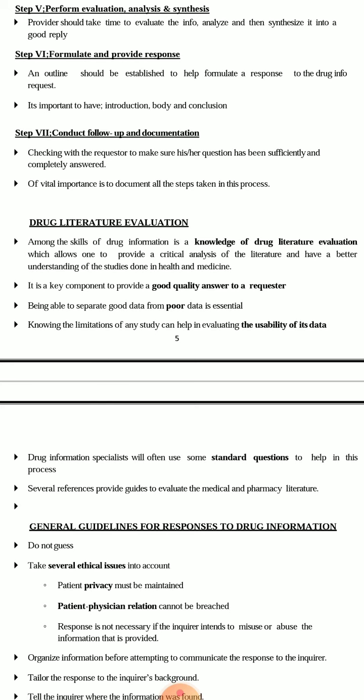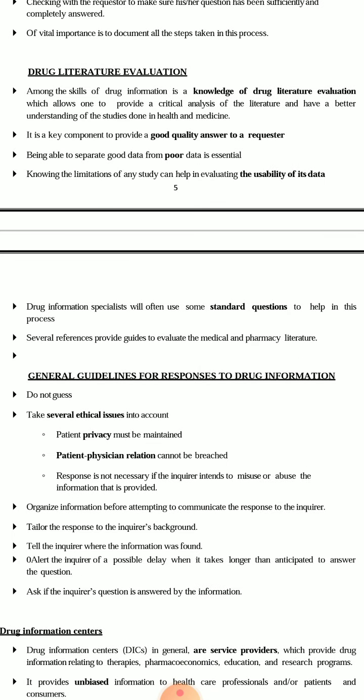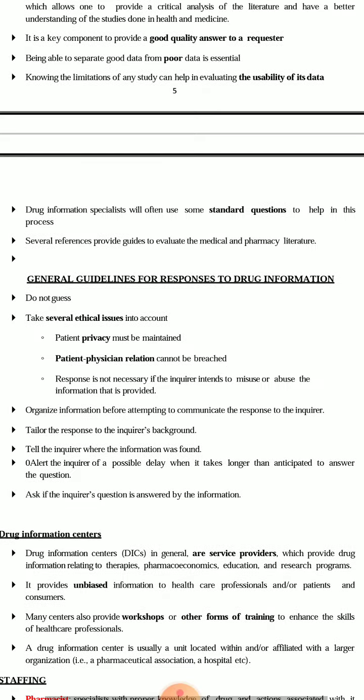Knowing the limitations of any study can help in evaluating the usability of its data. The drug information specialist will often use some standard questions to help in this process. Several references provide guides to evaluate the medical and pharmacy literature. So a better knowledge of literature evaluation is a must while working in a drug information center.